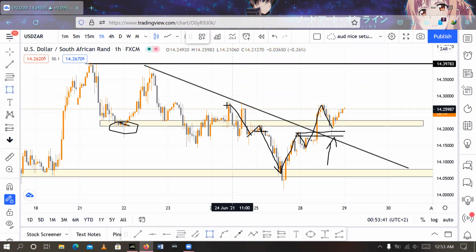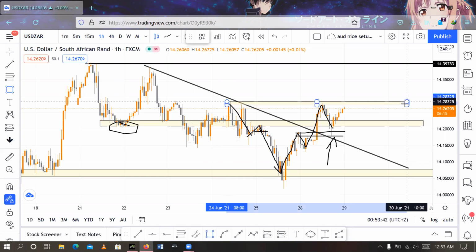Let me draw this up here. Okay. Now, our prediction is that we want to wait for the market to break this level here, maybe get a retest here, and then the market will push to the upside to this level, right?